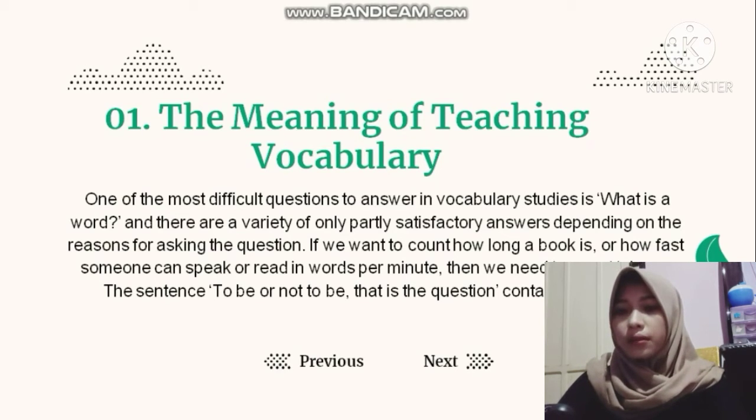If we want to count how long a book is or how fast someone can speak or read in words per minute, then we need to count tokens. The sentence "to be or not to be, that is the question" contains ten tokens. Even though the same word form "be" occurred twice, it is counted each time it occurred.